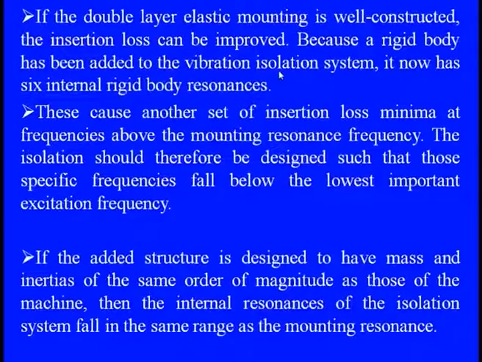When you have the internal rigid body resonances, they can cause another set of insertion losses. We can reduce those insertion losses coming from the internal resonances by putting the isolators mounted exactly at the resonant frequency. So the damper is one of the good features in that.